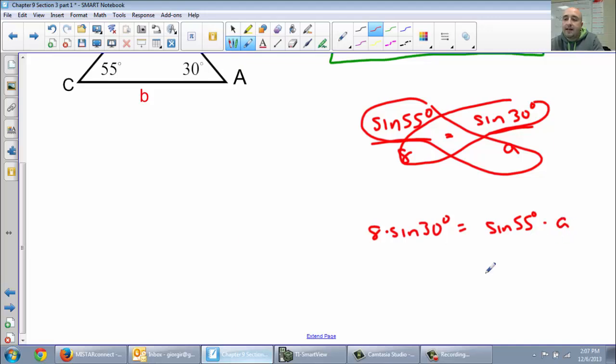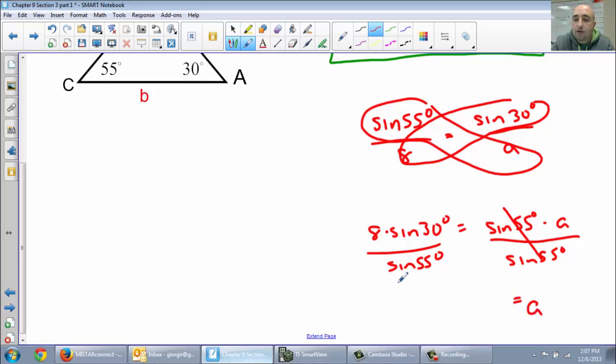And then what are we going to divide by to get a by itself? We're going to divide by sine of 55 degrees. Remember, that's 1. So a is equal to, and now this turns into a big calculator problem where you just have to type it in on your calculator correctly.